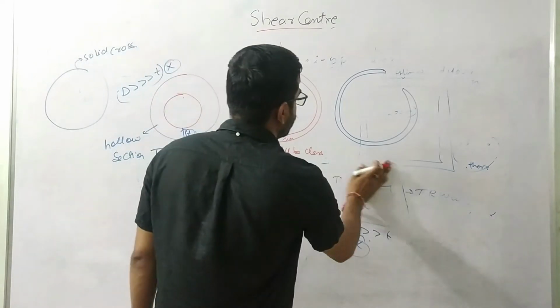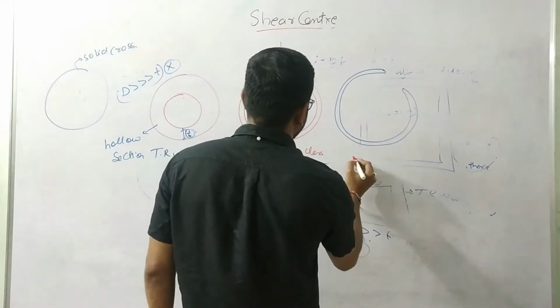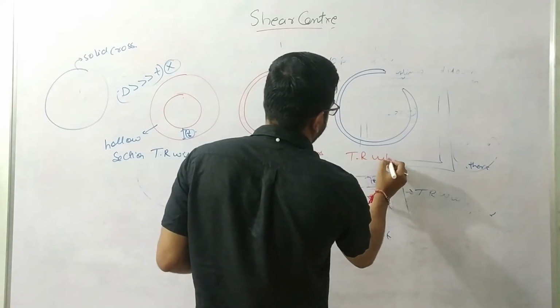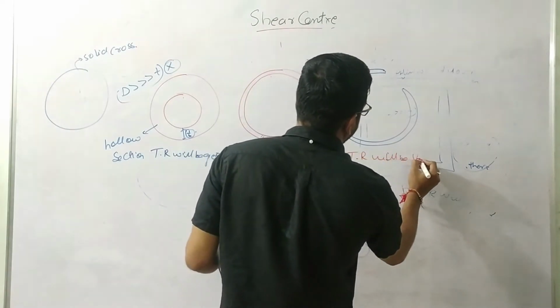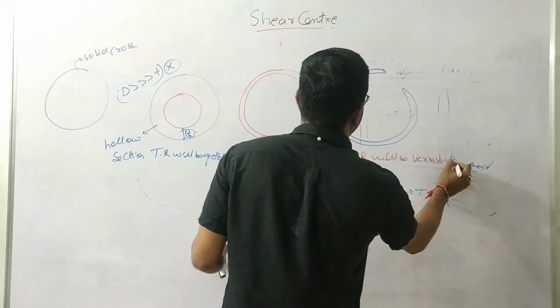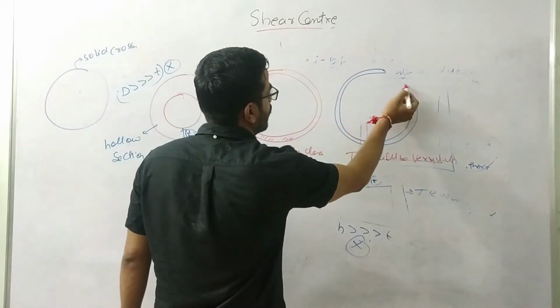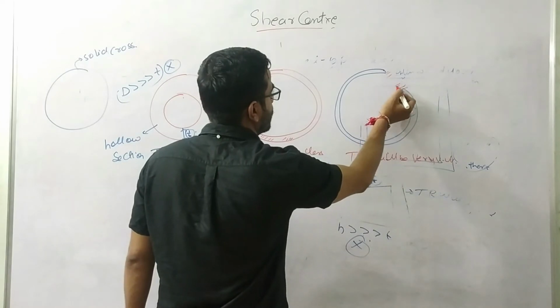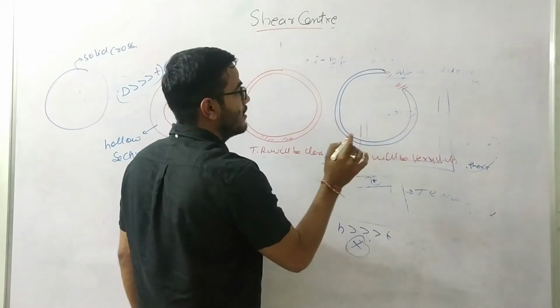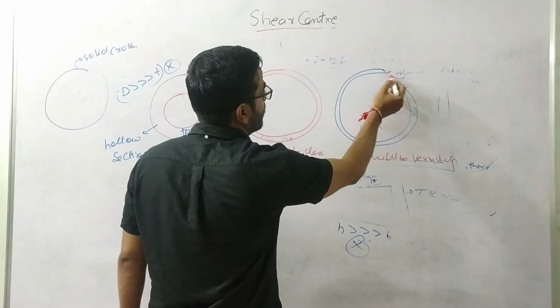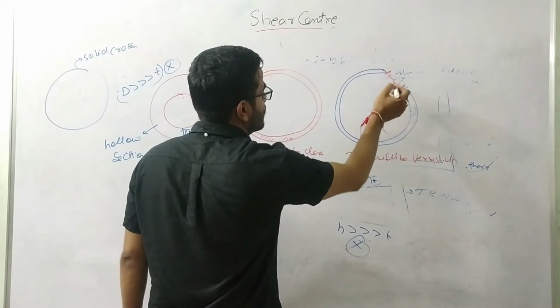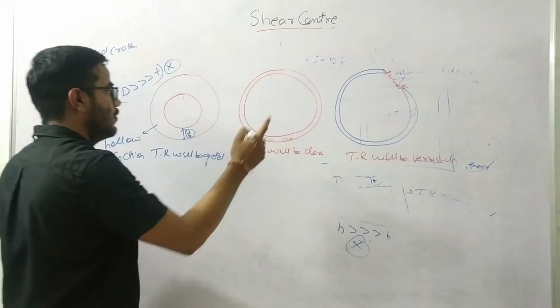Now coming to this thin walled open section. The torsion resistance again will be very less, because this is thin walled and you have removed some material from here. Already it is having very less material, and still you again remove some material from here. So the torsion resistance will be very less for this cross section.